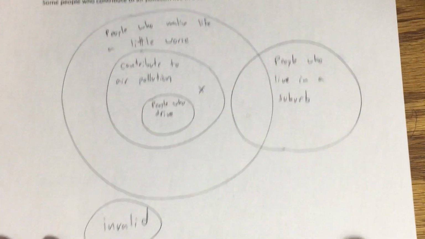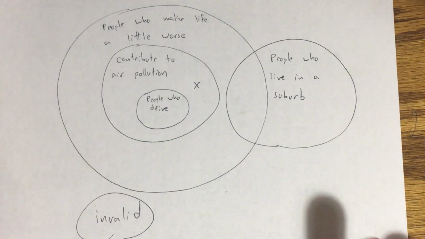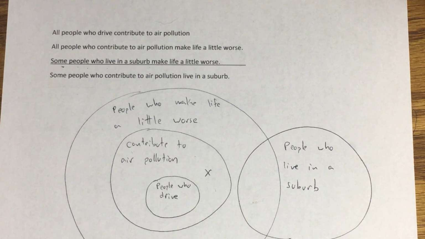Okay? And again, it might seem a little bizarre because all of our examples have given us invalid arguments. And we're going to, in the next video, look at some valid examples, maybe one or two valid examples.